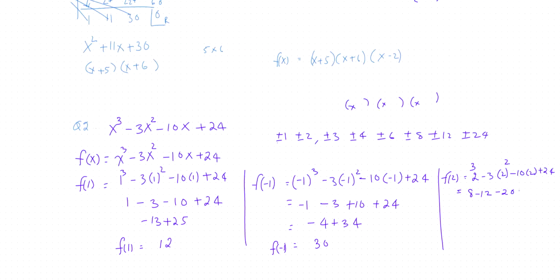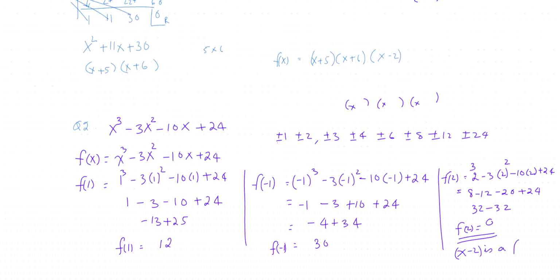So it becomes 24 plus 8 is 32. So 32 minus 32. See, now we are getting 0. So f of 2 is 0. It means x minus 2 is a factor. Because we are plugging in 2, in the bracket it becomes minus. So x minus 2 is a factor of this polynomial.